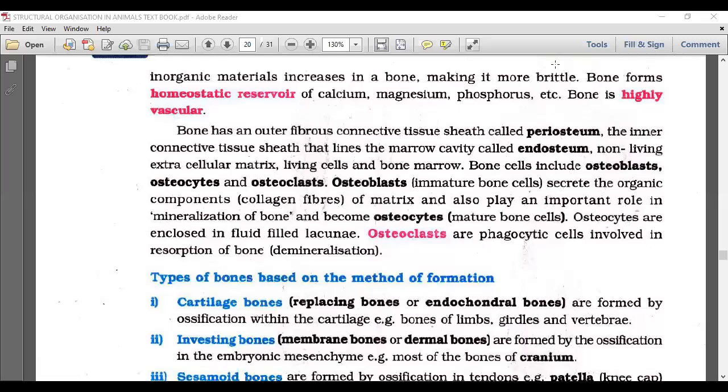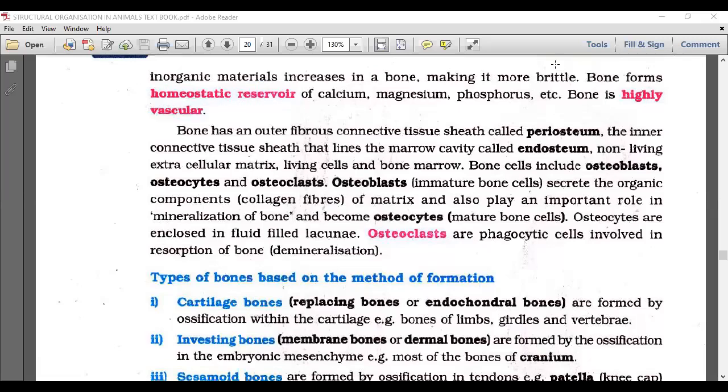Bone forms a homeostatic reservoir of calcium, and also magnesium, phosphorus, etc. Bone is highly vascular.